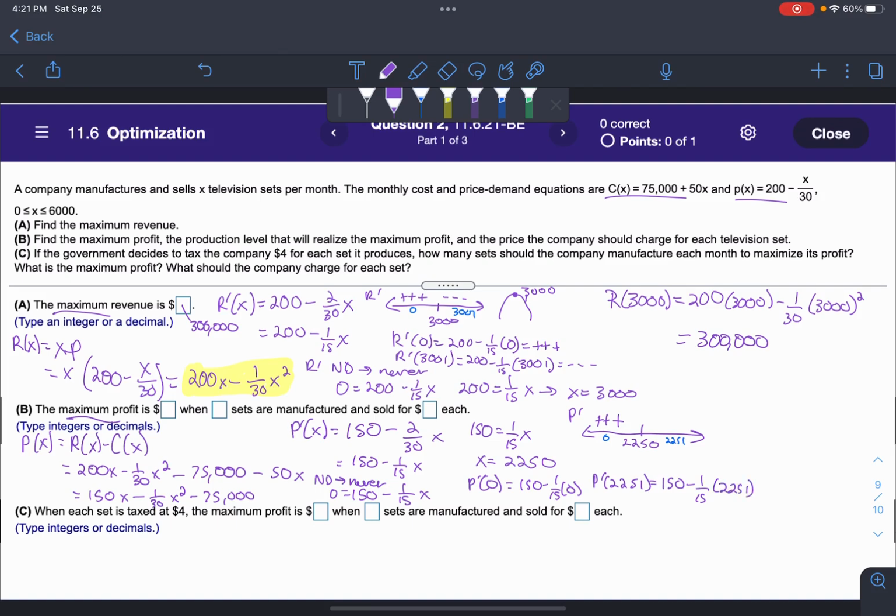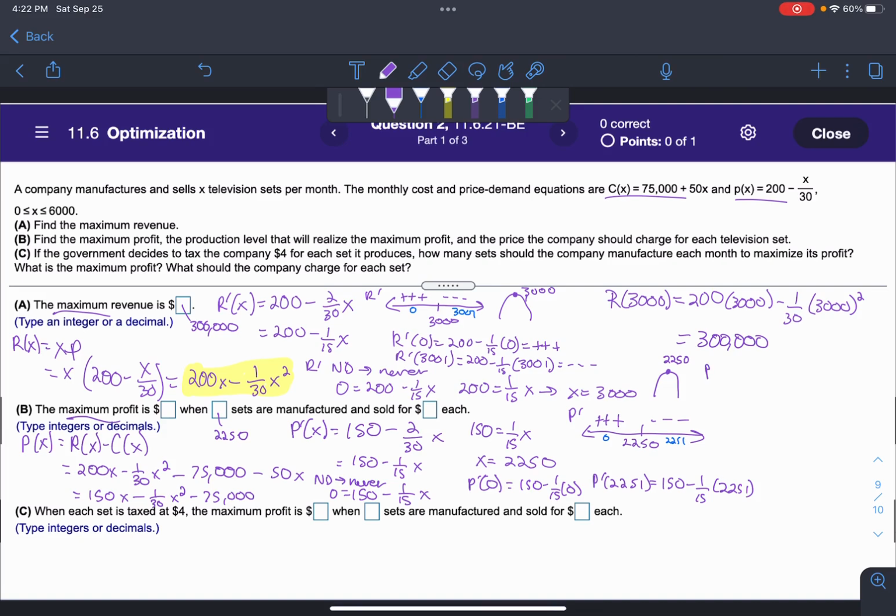So again, we have increasing to decreasing about 2250. So the maximum profit is blank when we have 2250 sets, and when they're sold for blank each, that's given to us by our profit. Not profit, price.